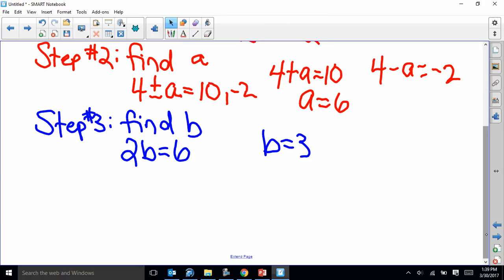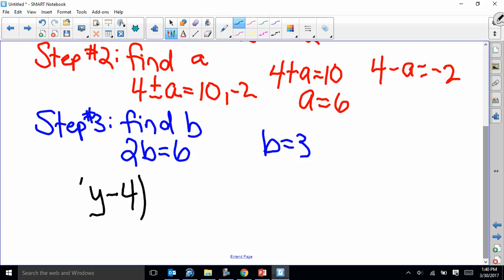This one was a vertical hyperbola. So we'll have (y minus k), where our k was 4, squared over our a, which is 6. So 6 squared is 36. Minus (x minus h), and what was our h?